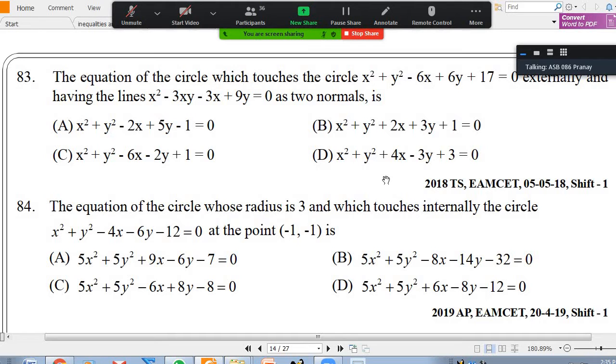No, in 83, how will you find the center of the required circle? Sir, the normals should intersect at the center. Yes, you have a pair of lines, right? They are normals, and every normal should pass through the center of the circle. So in the pair of lines, find the point of intersection. That will give you the center. After that, for finding the radius, of course, you can use the C1C2 equal to R1 plus R2 formula, and then you'll get R2.